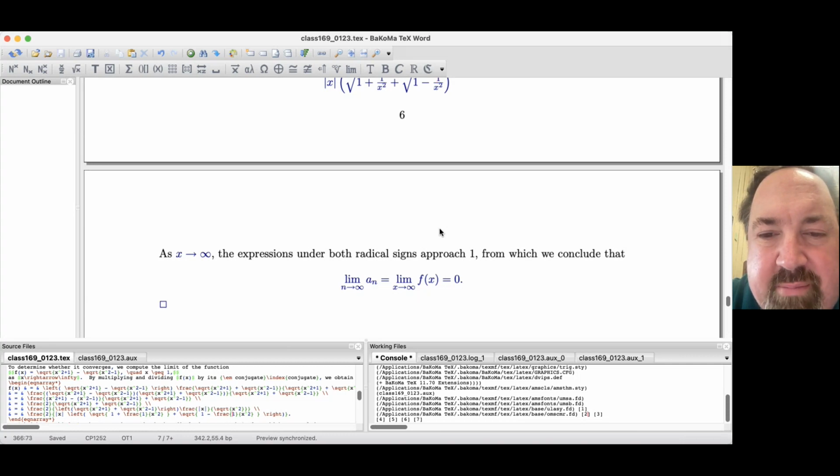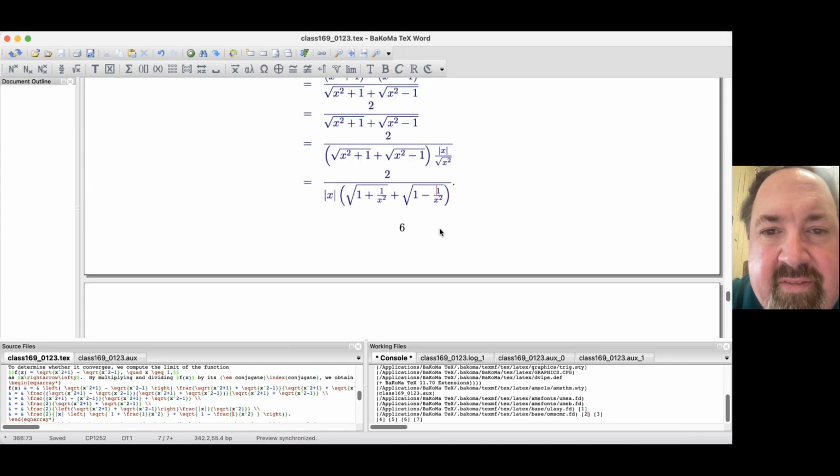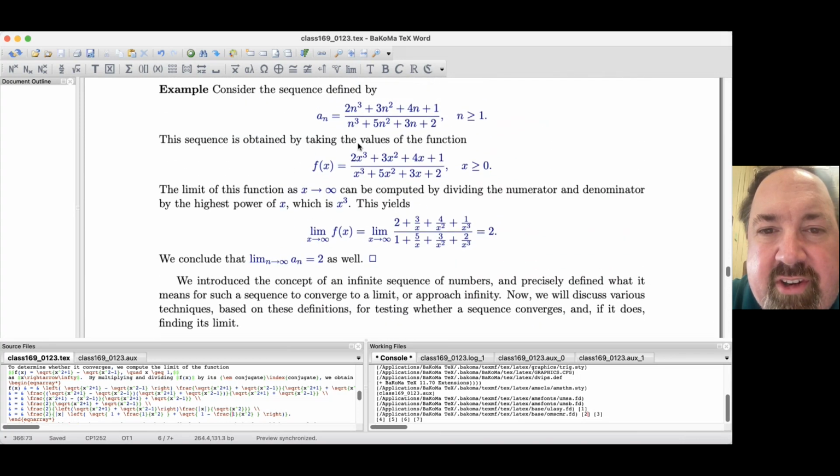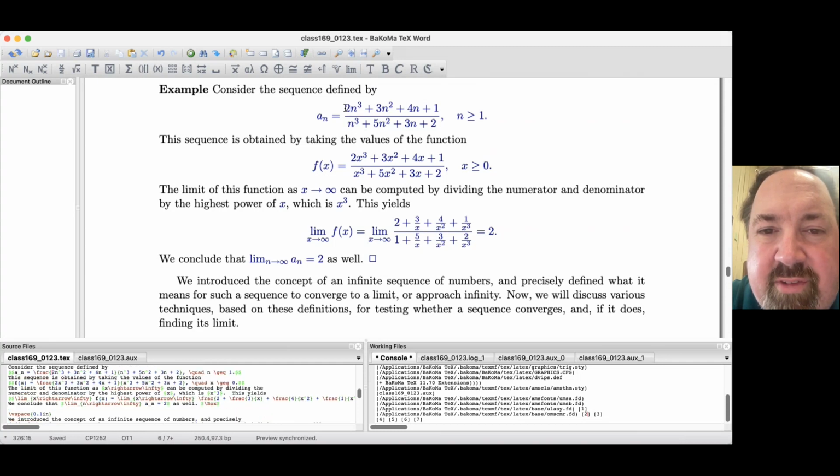Now, one other thing that came up in class yesterday is that if we go back to, for instance, this example right here, the limit could also have been found using L'Hopital's rule. So if you have a fraction that becomes an indeterminate form as n goes to infinity, because as n goes to infinity, the numerator and the denominator, they are both going to infinity.